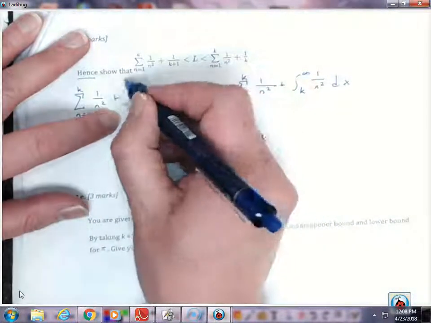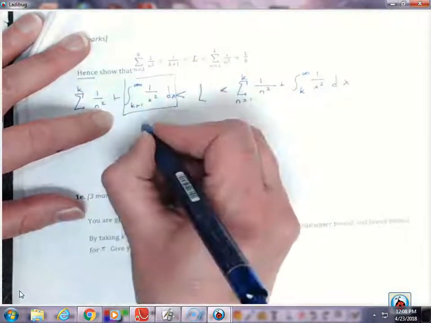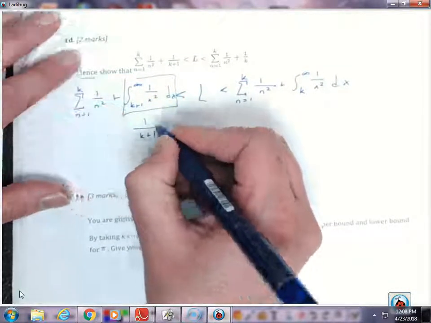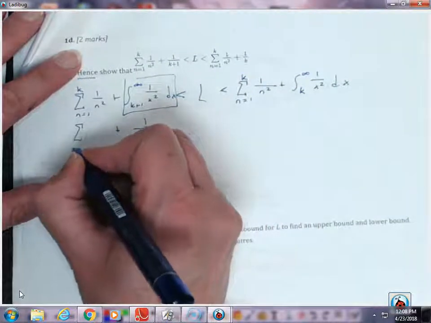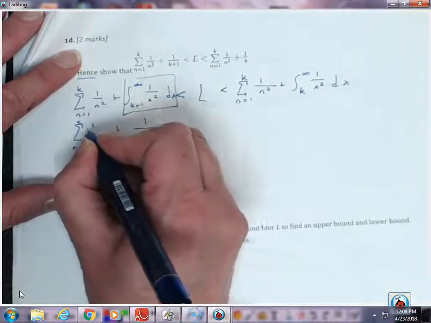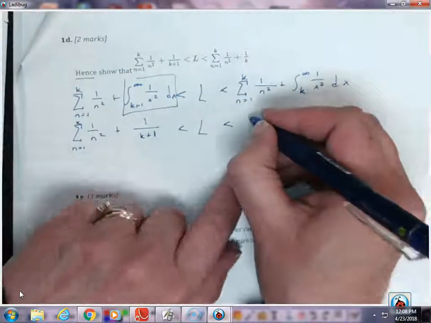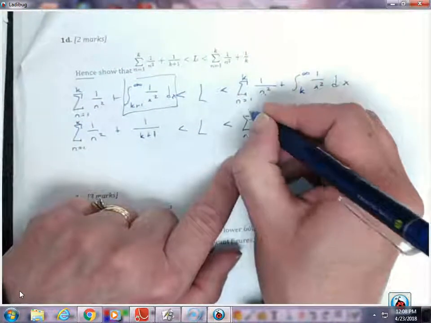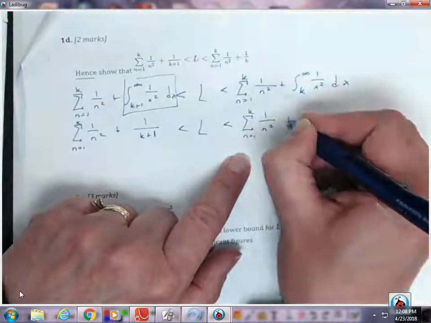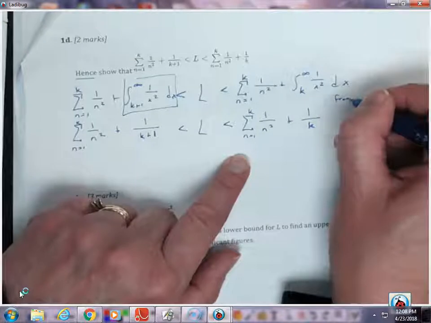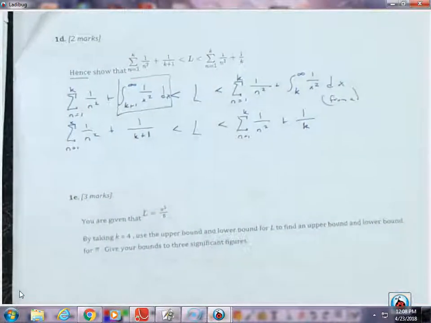And so really, we already know that if we bother to go through all these steps, this is just going to come out to be 1 over k plus 1. And this part we leave alone. And this part will come out to be 1 over k. That's from a, and we had already proved that in a.